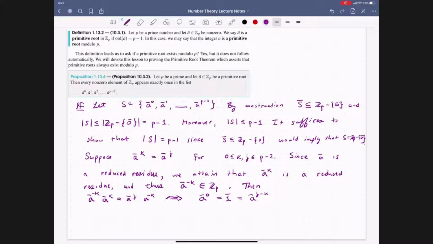So we have this here. Now, but then, j minus k is divisible by the order of a, by the lemma from the last lesson.